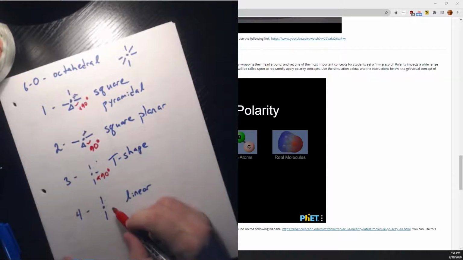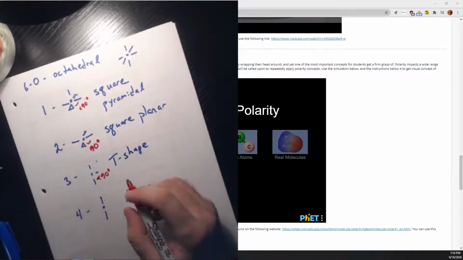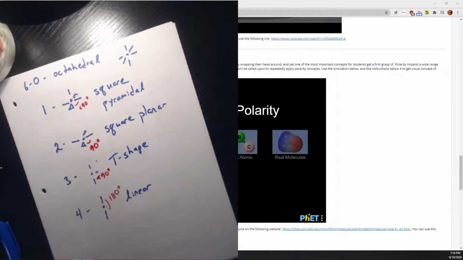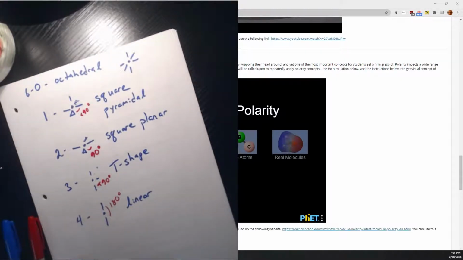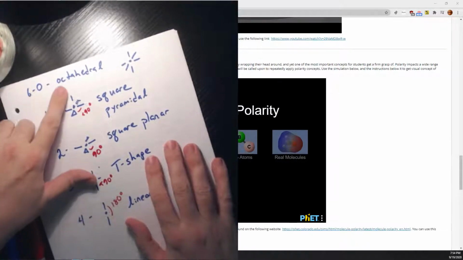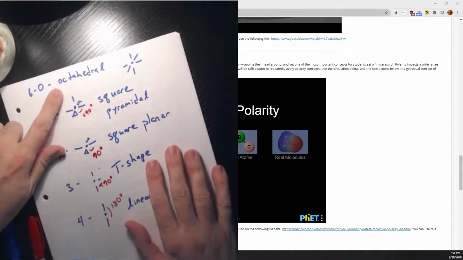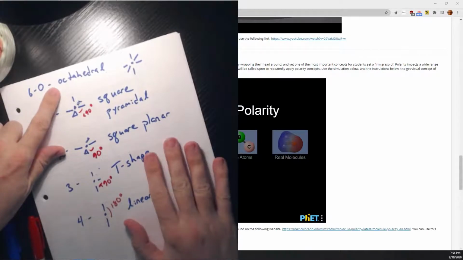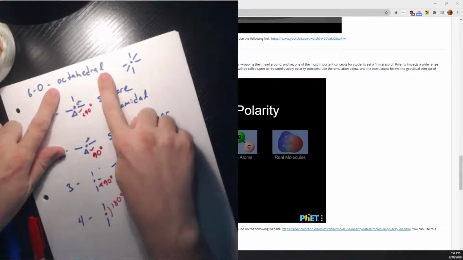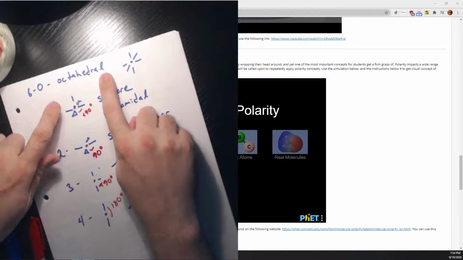And once again, those 4 lone pairs are all squishing equally, and we're at a nice even 180 degrees. So those are your geometries. Okay. So if you have 0 lone pairs, then the electron domain geometry and the molecular geometry are exactly equal. But if you do have lone pairs, then the molecular geometry is going to be different from the electron domain geometry. Okay.